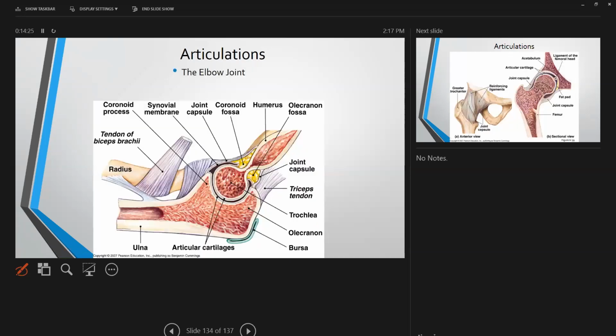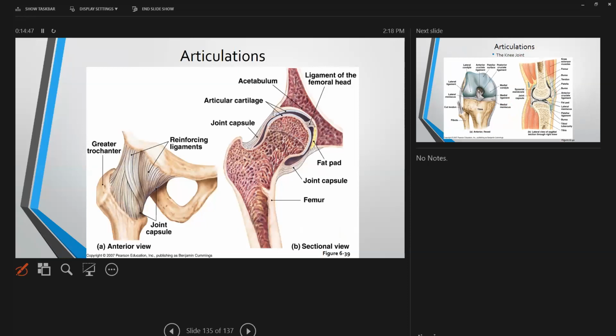Here is the elbow joint, a very complicated series of different structures that come together to produce the function of the elbow and a whole lot of different motion choices for the individual.